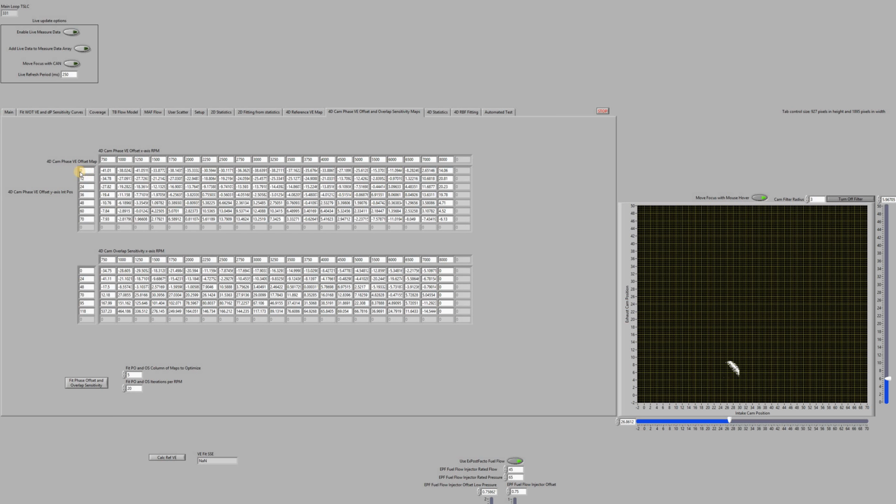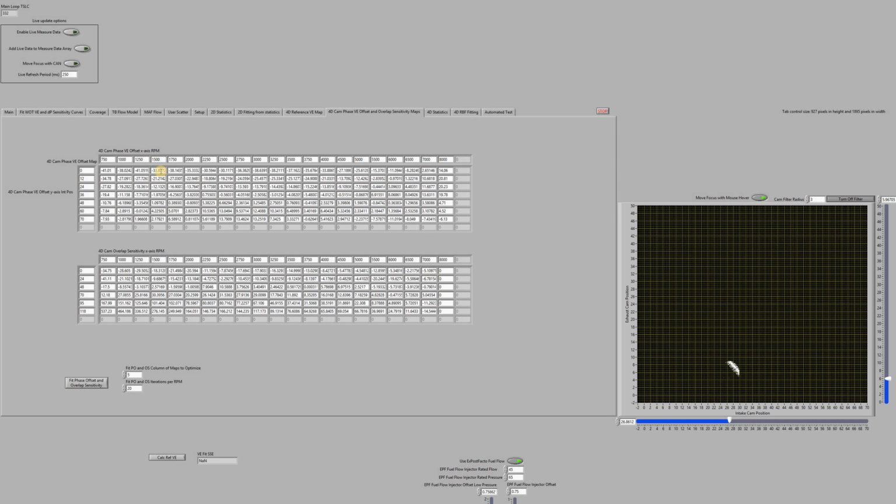Again, in this context, 0 means most retarded intake position, 70 is most advanced intake position. If you pick out 1500 RPM, that's a low enough engine speed where any retard of the intake cam is going to cause your VE to fall off, and that's what you see here.